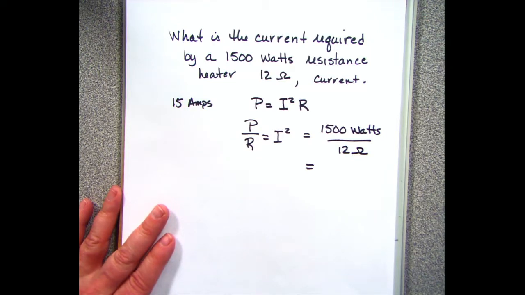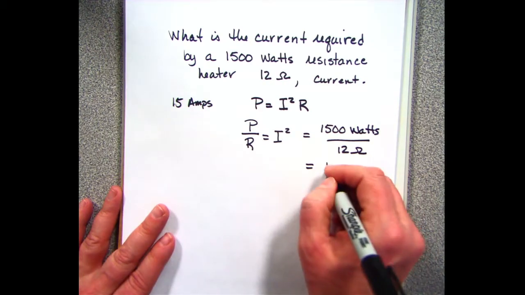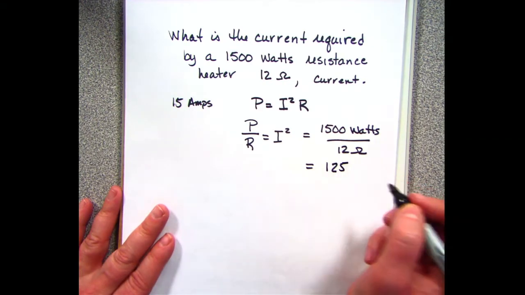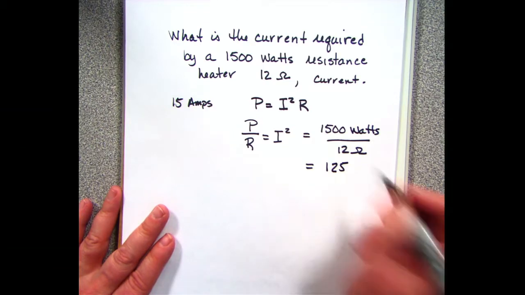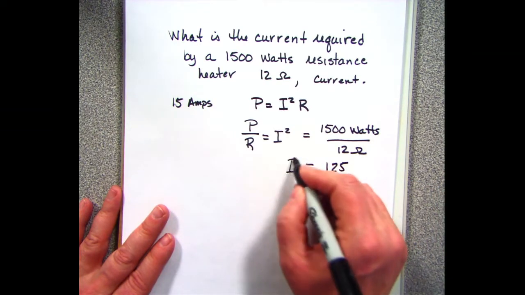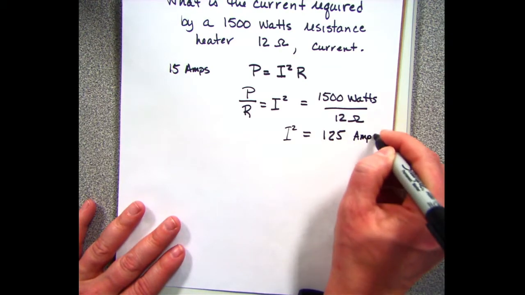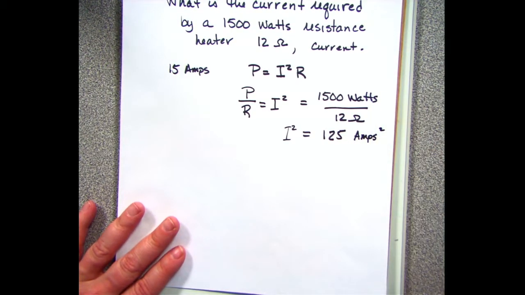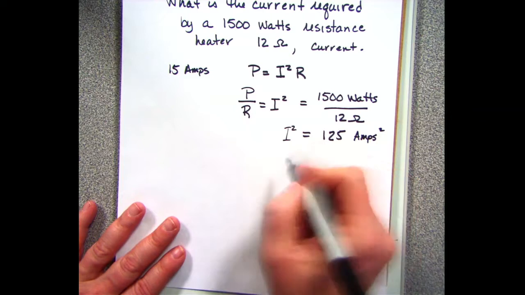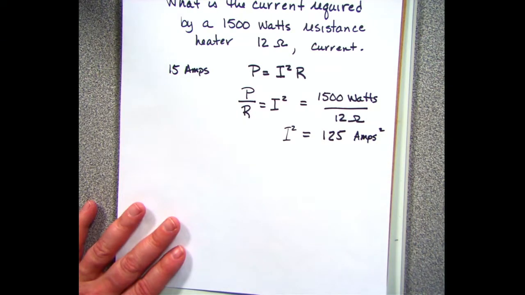And this is where, like I warned you, my unit analysis gets a little funky because I have to go back and remember everything. But that's amps squared, so if I take the square root, that's going to equal 11.18 amps, or about 11 amps.